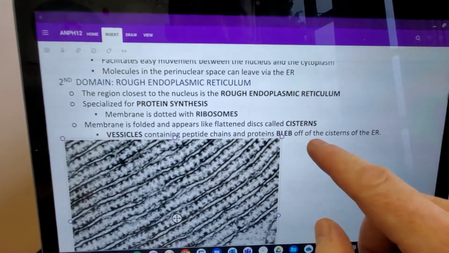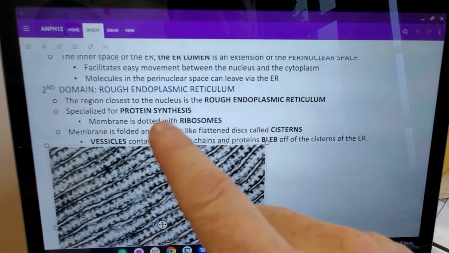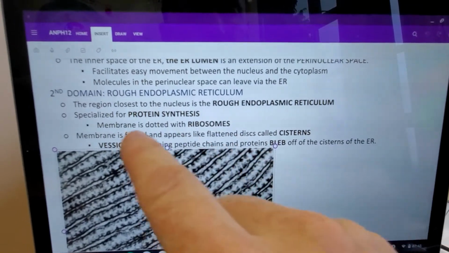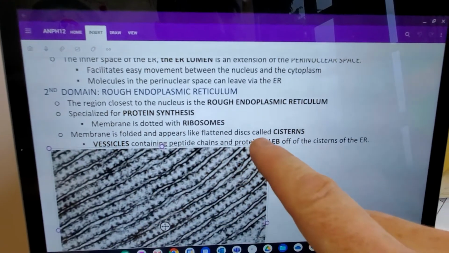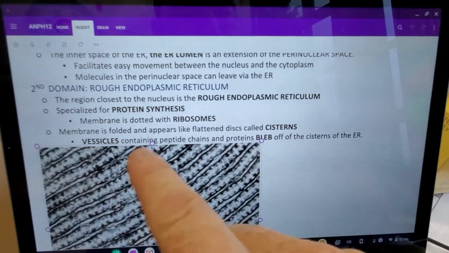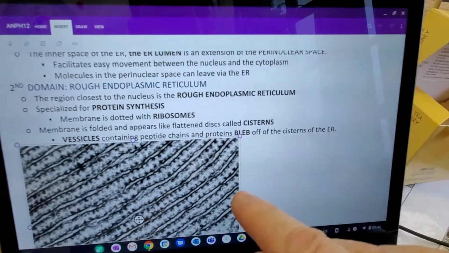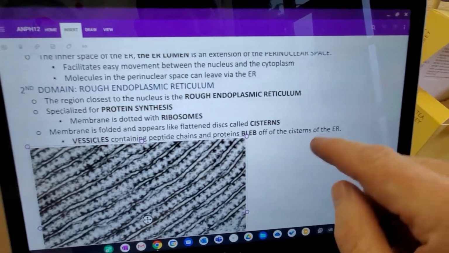that's the second domain. It's the site of protein synthesis, and it's dotted with ribosomes. It's got lots of ribosomes, and the membrane is folded, appears like flattened discs. These discs are called cisterns. And vesicles bleb off, that's the term, bleb off the cisterns of the ER, and they go off. We're going to talk about where they go.